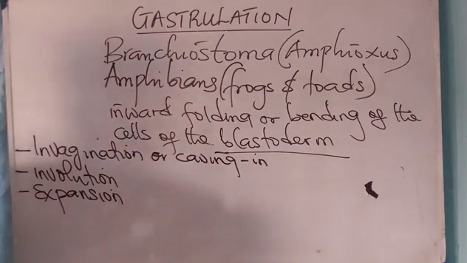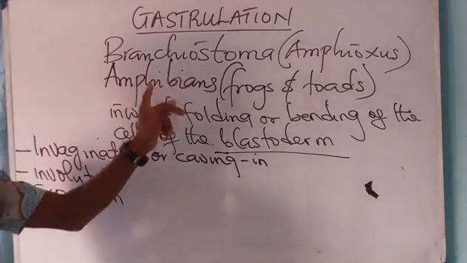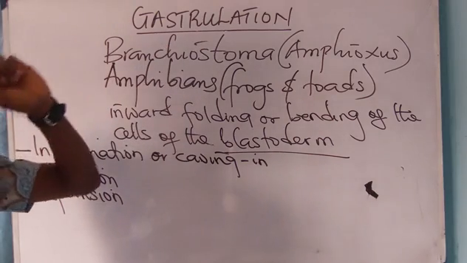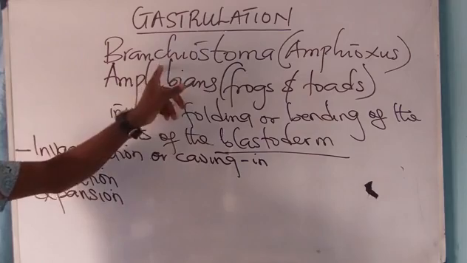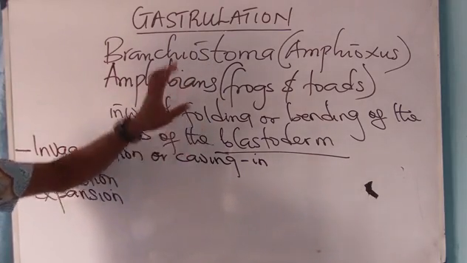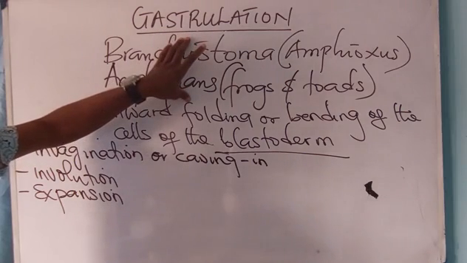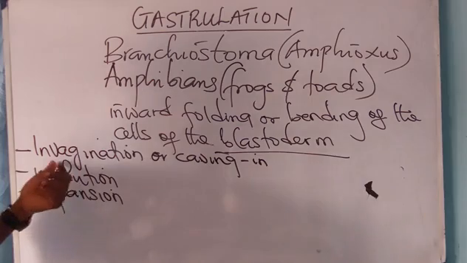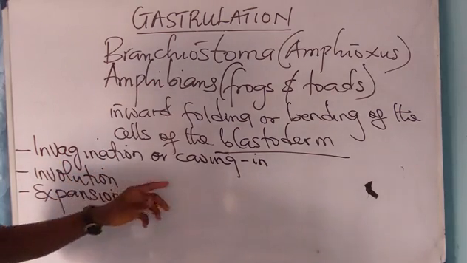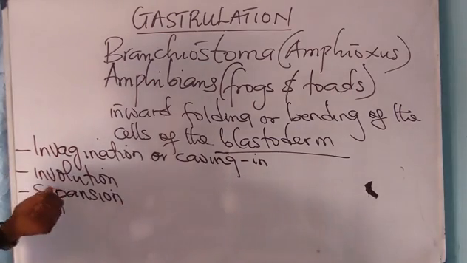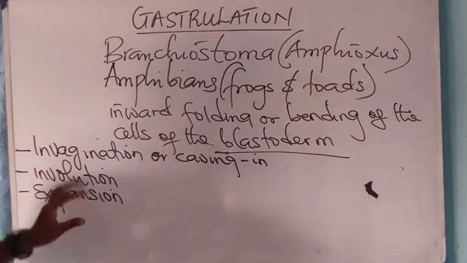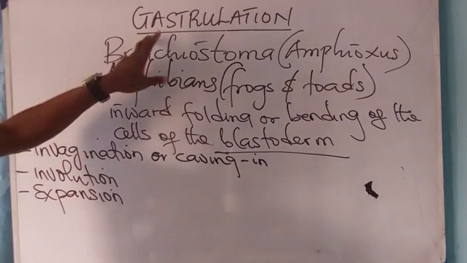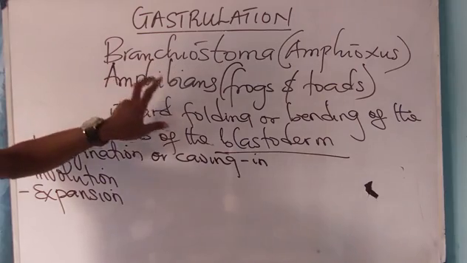So they may ask, gastrulation in branchiostoma and amphibians occurs in three different processes, discussed. The three processes are actually invagination, otherwise called caving, involution, and what? Expansion. So these are the three processes that must occur in gastrulation in branchiostoma and what?